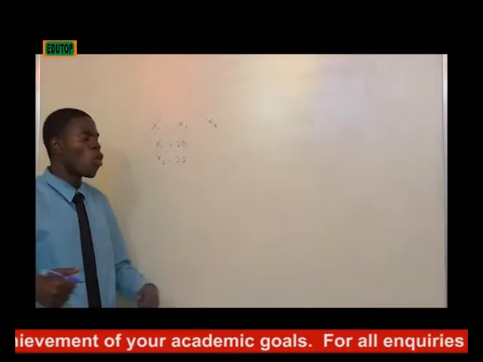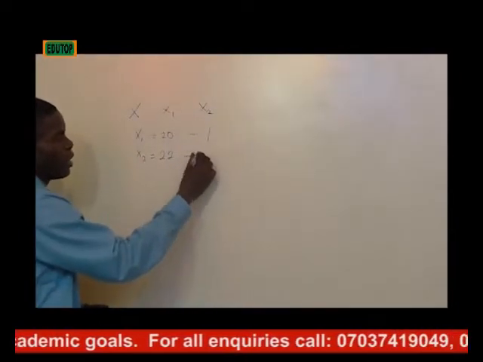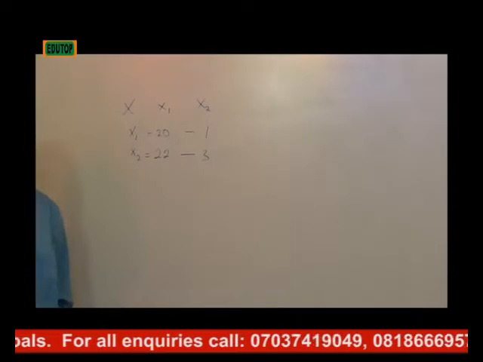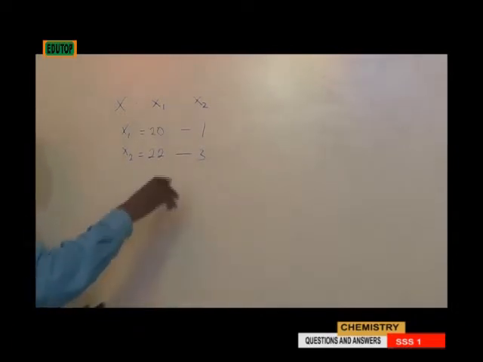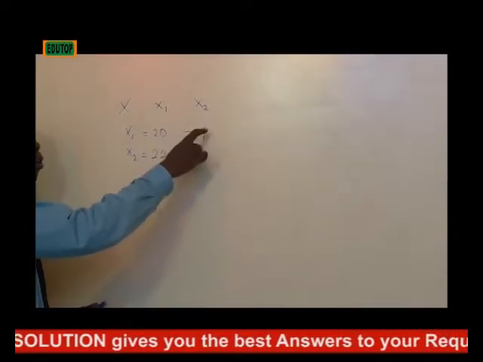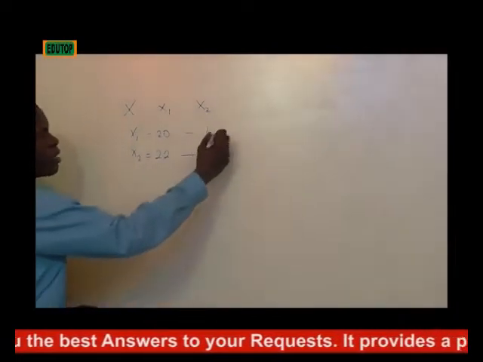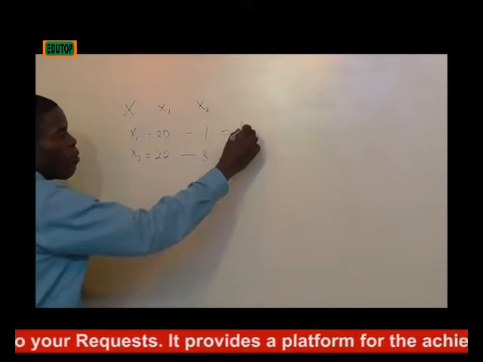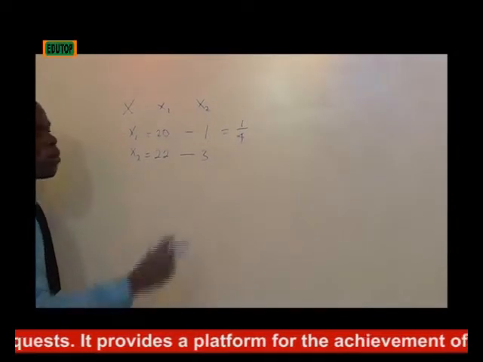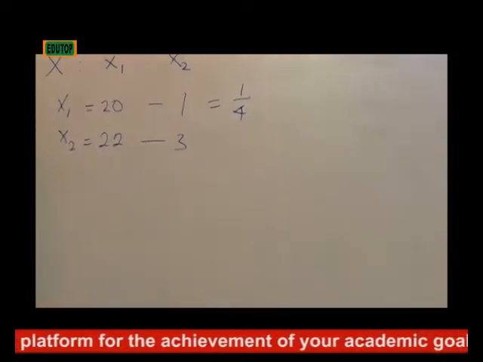In the ratio of 1 for x1, 3 for x2. Based on this, you are to add 1 to 3, making it 4, and the fraction of x1 is 1 over 4. 1 plus 3 make up the 4.